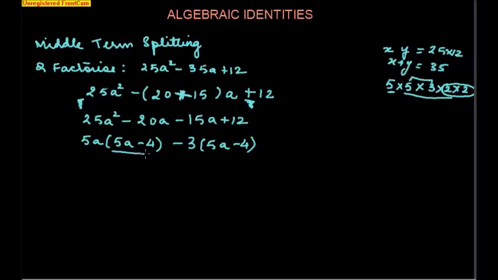Remember that these two brackets should be same, and if they are not same, that means you've done something wrong. You need to check. Now in this expression you can see that 5a minus 4 is common. So what is left? I am left with 5a minus 3.